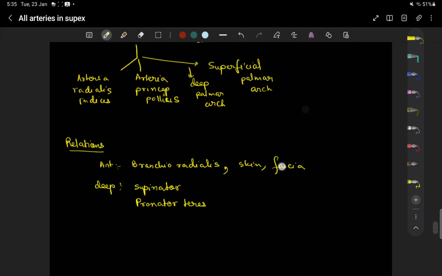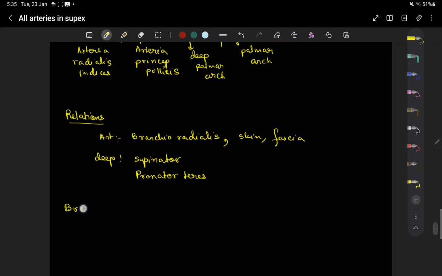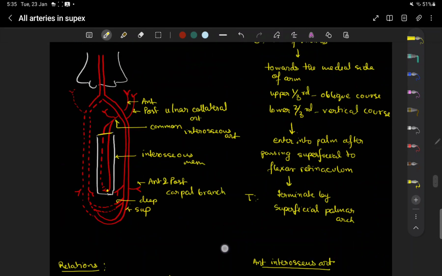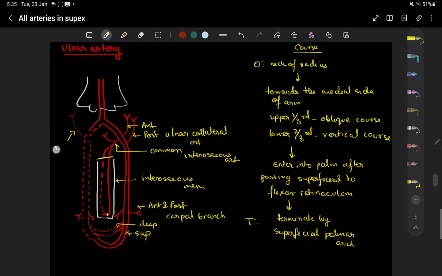So relations again. Next we would have the branches. For branches, let's again move on to the diagram. Here we would have the radial recurrent branch.